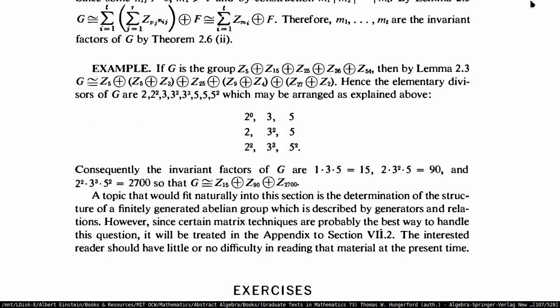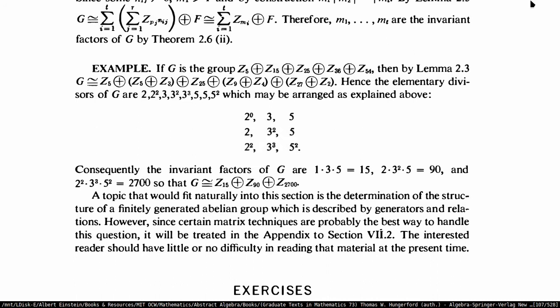in Rotman. Yeah. So if you look in the 2 primary subgroup for this G, that would be Z2 plus Z4. And the 3 primary subgroup is a Z3 plus Z9 plus Z27.